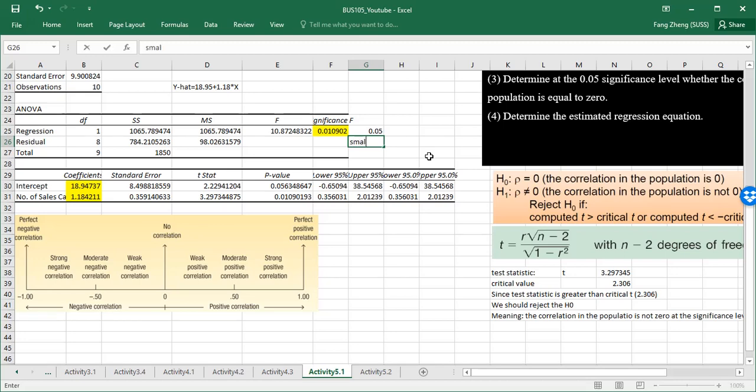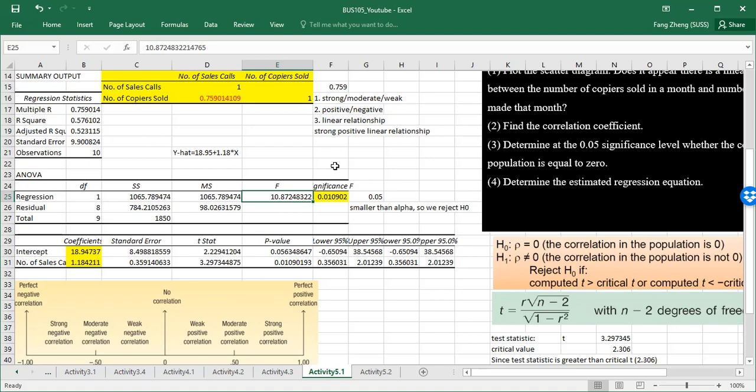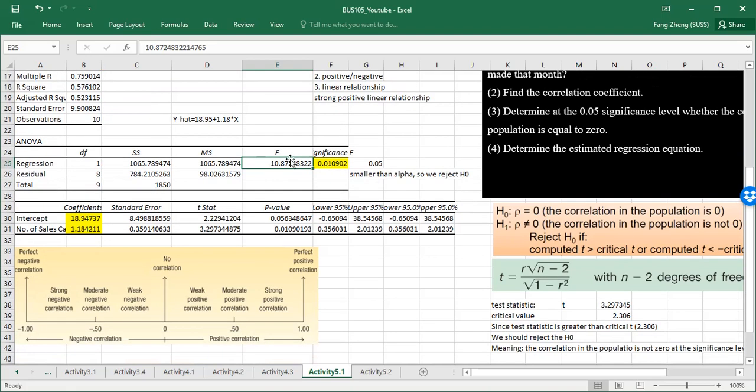Because it's smaller than alpha, we reject. The reason that we can refer to this p-value is because there is some relationship between the F statistic and our correlation coefficient. Later you can refer to the study guide and do some research to see what is the relationship between these two.